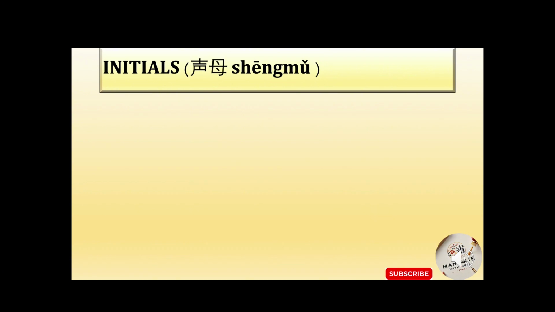As I have previously stated, initials are comprised of what we know as consonants in English. So let's start off. Bo. You can repeat after me for practice. Bo. Po. Mo.